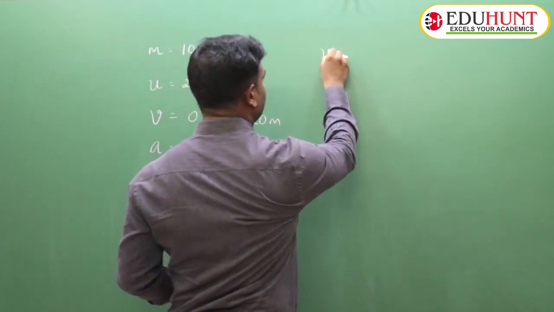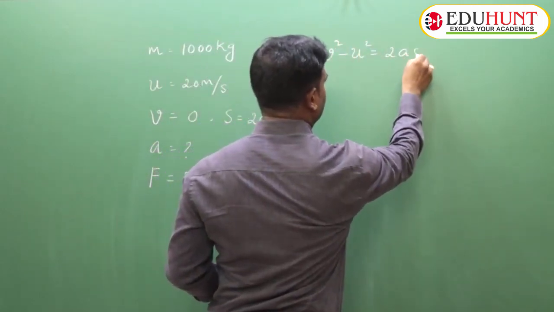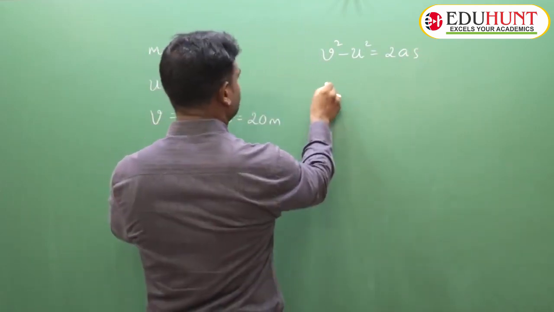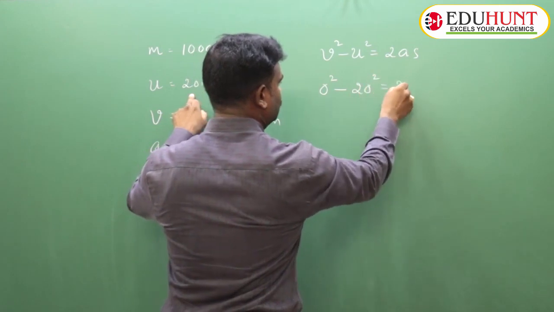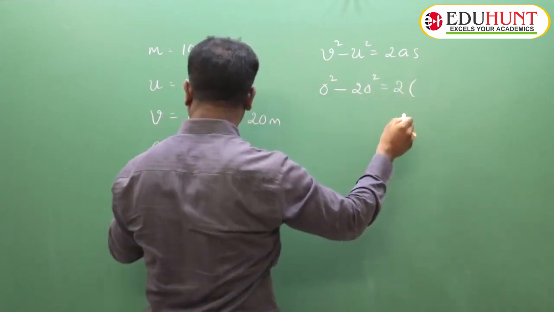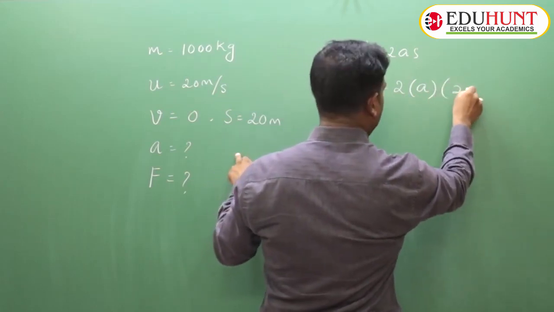From our third equation, V square minus U square equal to 2AS. 0 square minus 20 square equal to 2 into A, which is what we have to find, into S, which is 20.